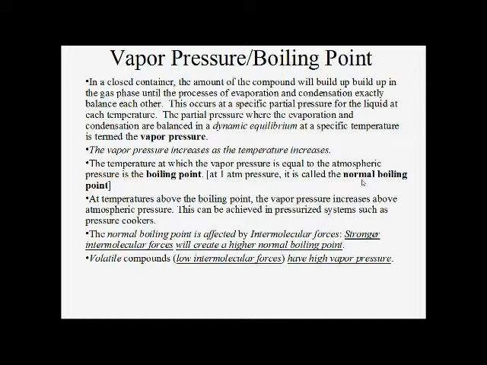And when a liquid boils at 1 atmosphere, that's called the normal boiling point. But different regions can have different boiling points because they have different pressures on top. We can increase the boiling point by using a pressure cooker, by increasing the pressure inside a container. So it's now cooking at a higher pressure, which would be a higher boiling point, a higher temperature.